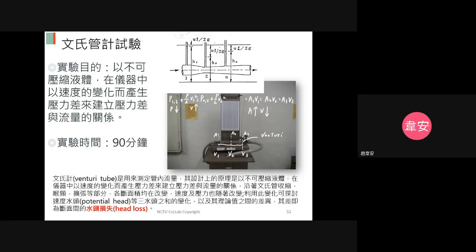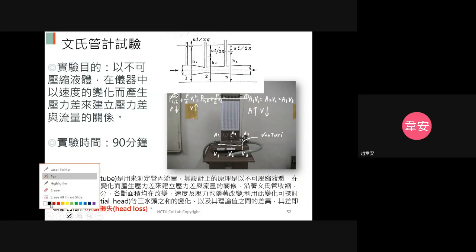Okay, so if we have the continuity equation and the Bernoulli equation, we can predict the velocities or the pressures at the different cross-section areas.